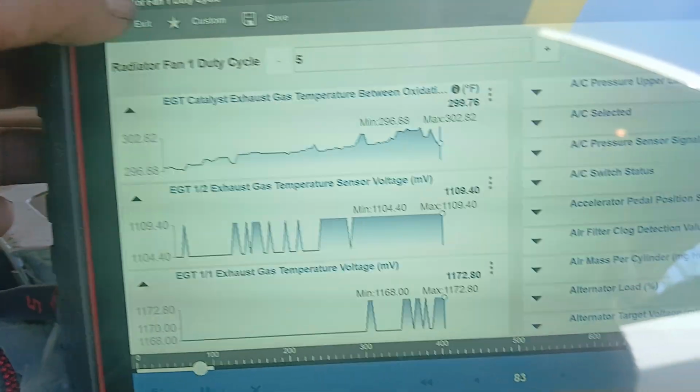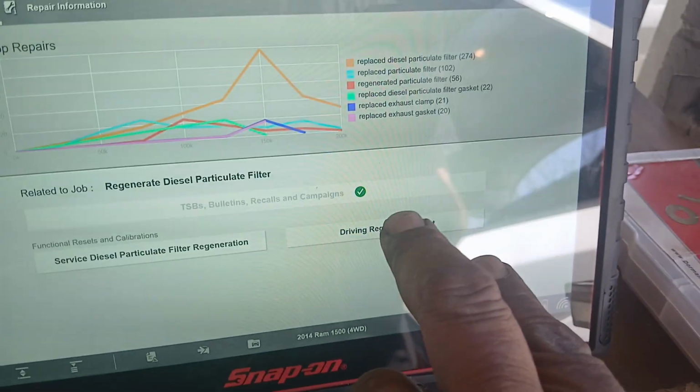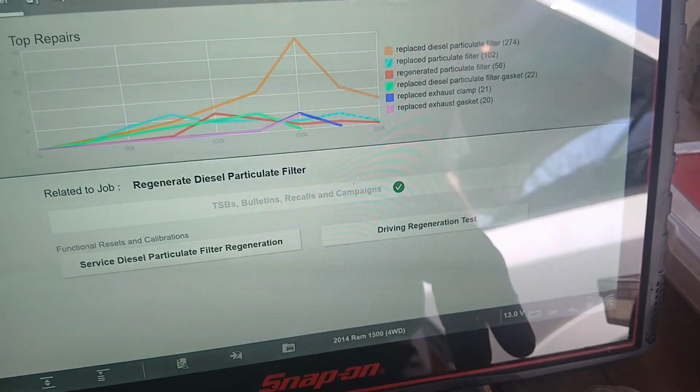Alright, so we're going to do a drive cycle. Alright, so now we're going to do a driving regeneration test.